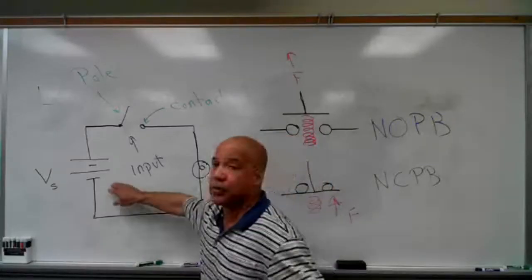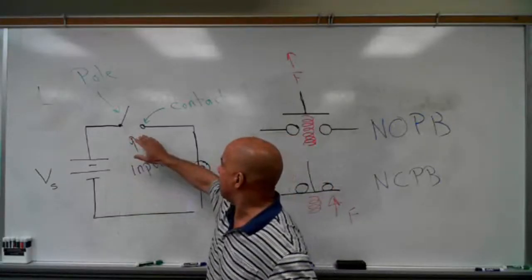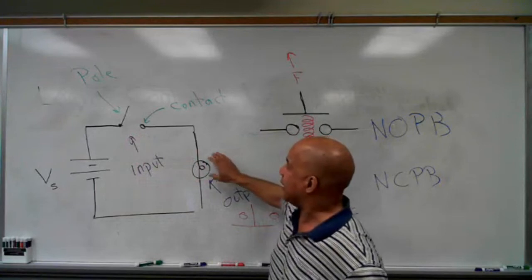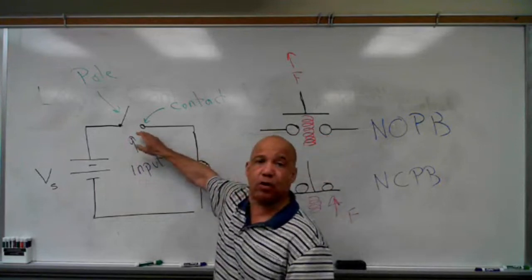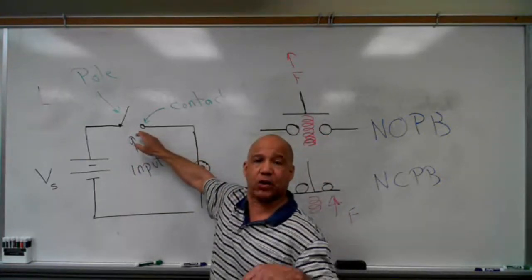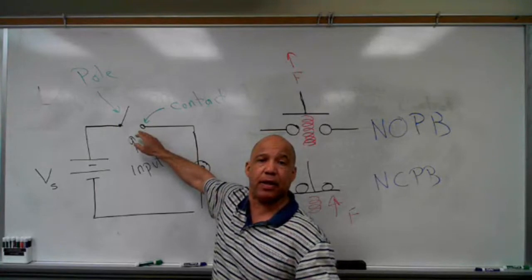So the three elements of a circuit are the power source, the load or what you want to control, and the way you control it. Is that correct? Yes. So you have a power source, you have the thing you want to control, and then you have the thing you're going to control it with, which for us right now is going to be a switch or a button.